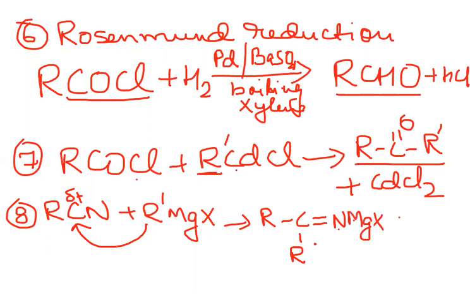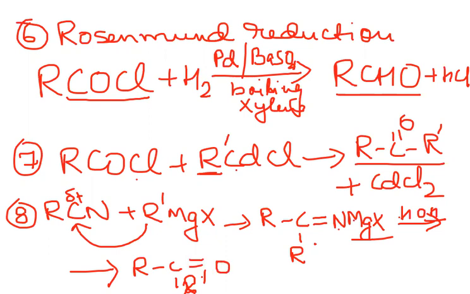This can then be further hydrolyzed. MgX will go with OH, and therefore what you get in this case is ammonia. So let me write the compound here. You are going to get R, C, R dash with a double bond oxygen, plus you will get ammonia, and plus you will get MgXOH.